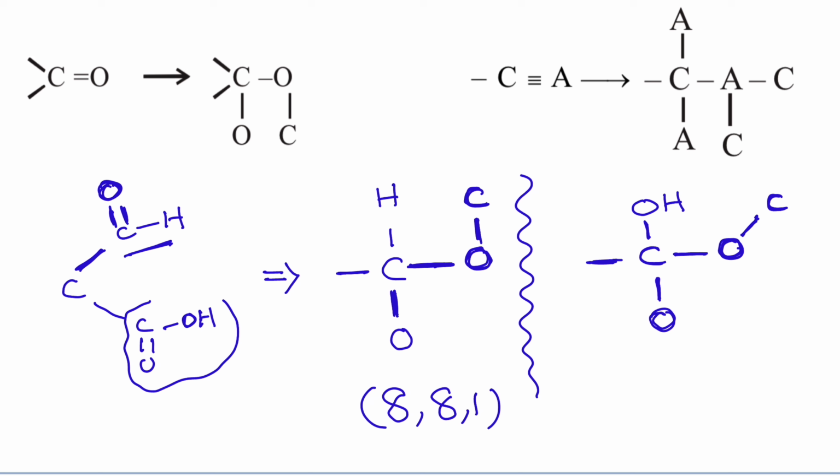And here we have oxygen, oxygen, oxygen, that is 888. You can see the first two are the same, but here we have 8, here we have 1. Therefore, carboxylic acid gets more priority when compared to aldehyde. But I'll discuss more examples in the next lecture.